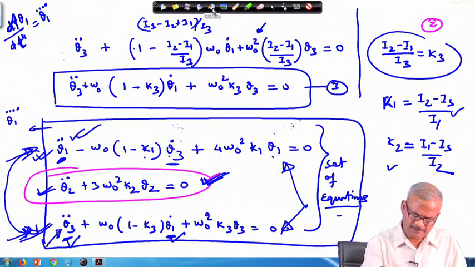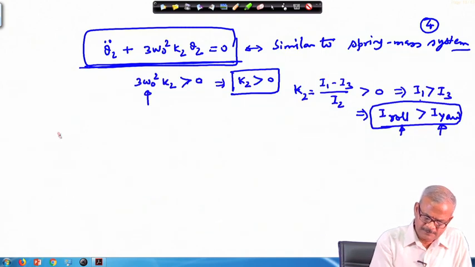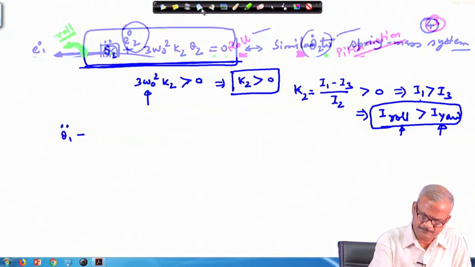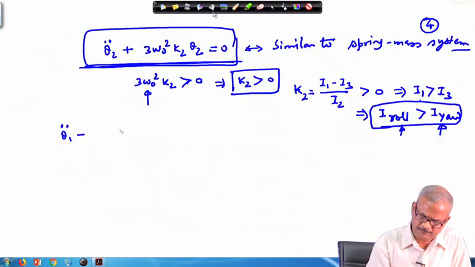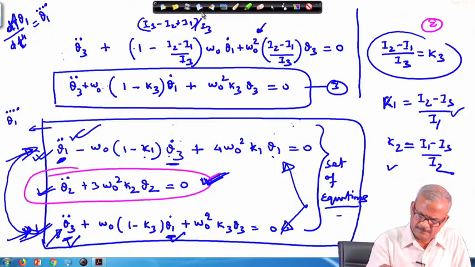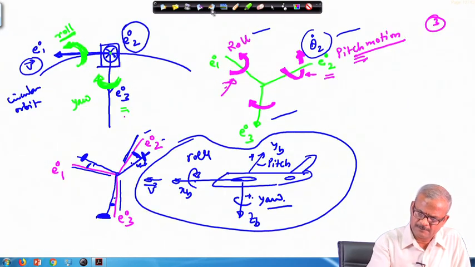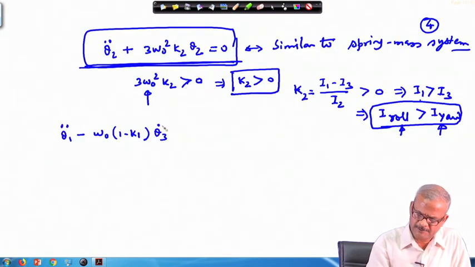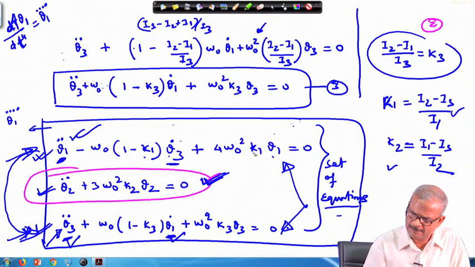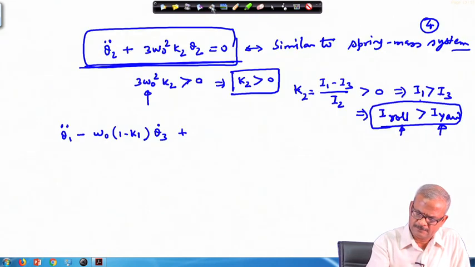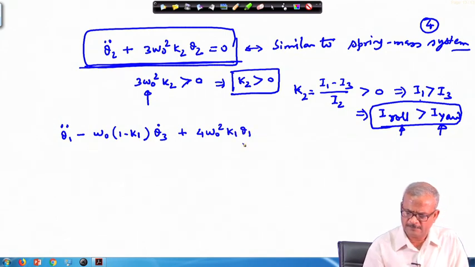So, theta 1 double dot minus omega 0 times (1 minus k 1) times theta 3 dot, plus 4 omega 0 square k 1 times theta 1.